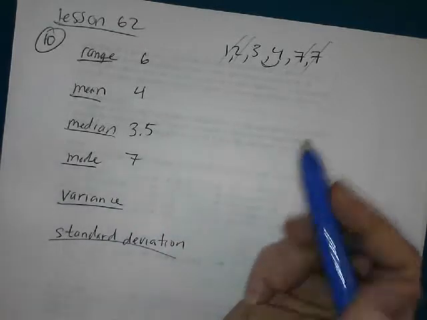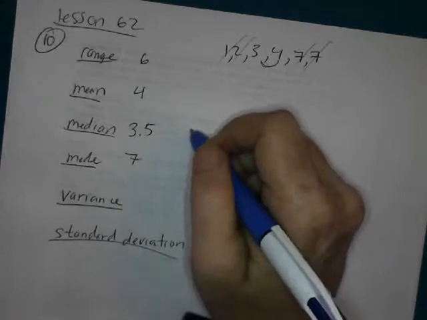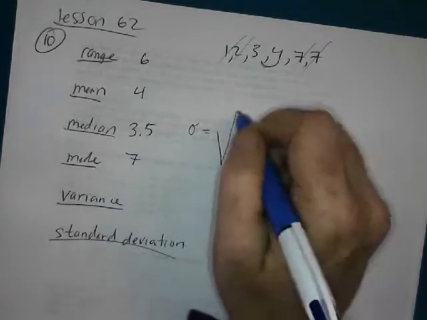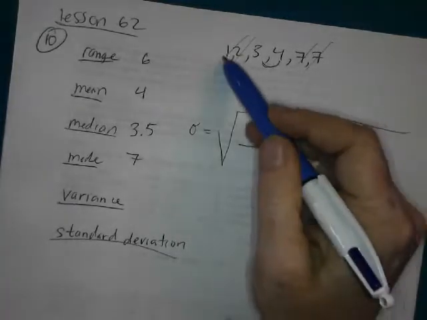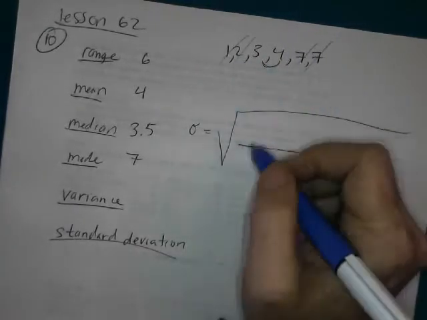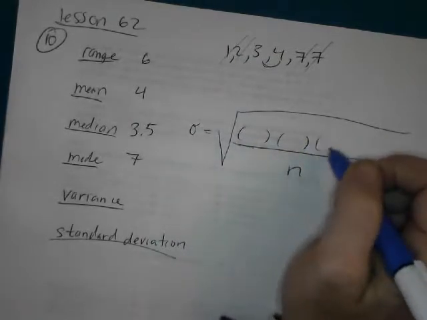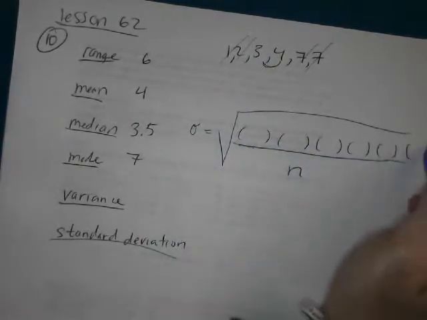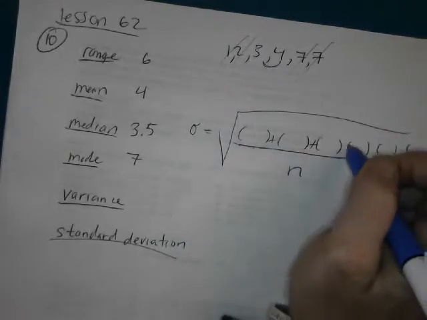The variance, now, there's a formula for standard deviation, and the formula goes kind of like this. It's got n down here, and then we have 1, 2, 3, 4, 6 things. I try to make them fit, and they're going to get added together and squared.